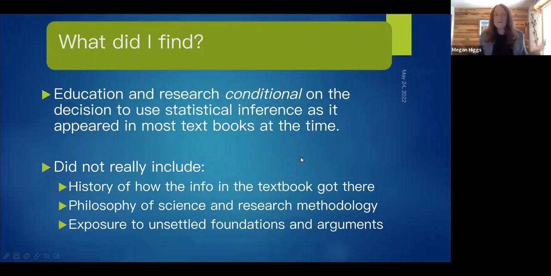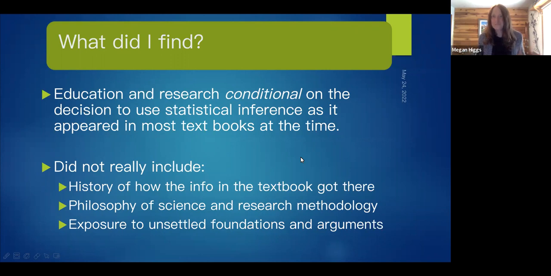So, what did I find? Probably the same thing that all of you found, or maybe are finding. I hear there could be some students in the audience, so I'll try to bring in that perspective. Almost all of the education and research I was involved in through my graduate program in statistics was conditional on the decision to use statistical inference as it appears in most textbooks at the time.